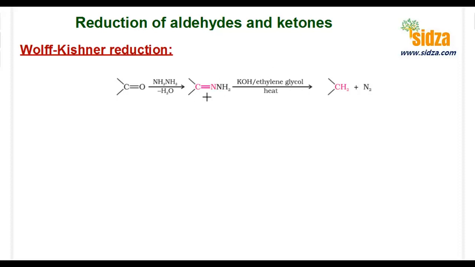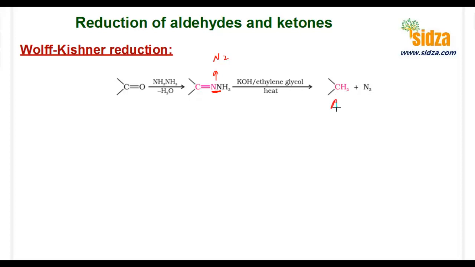After that, you treat it with potassium hydroxide and ethylene glycol and heat it strongly. Then you convert this group into CH2, and the two nitrogens are lost as N2. If you look at the starting compound and the final product, the carbonyl group is lost as water and converts into CH2.